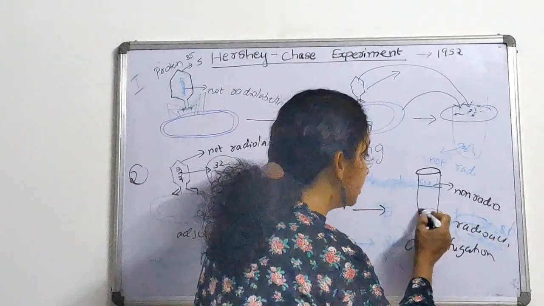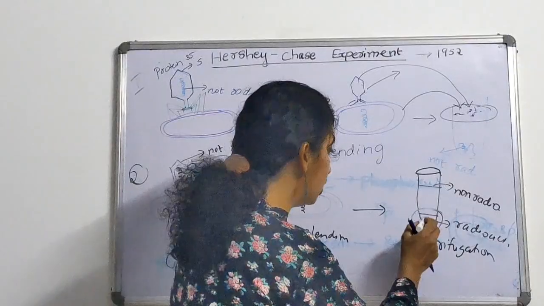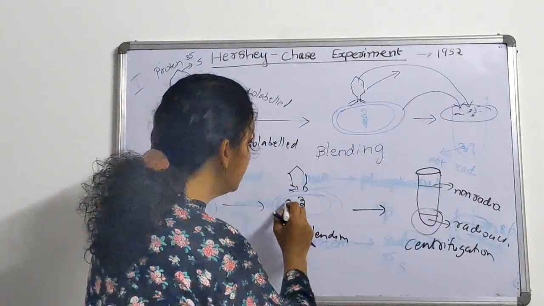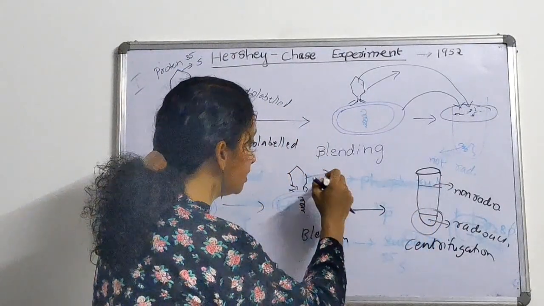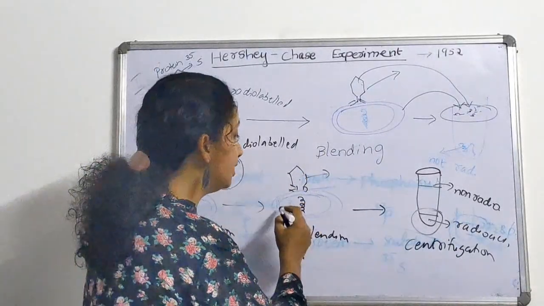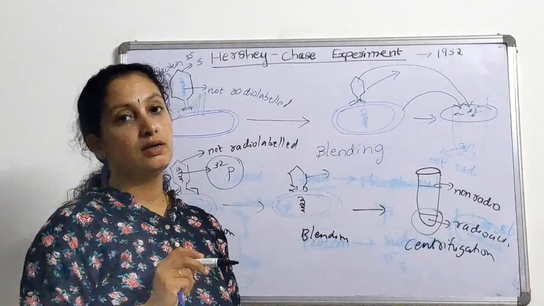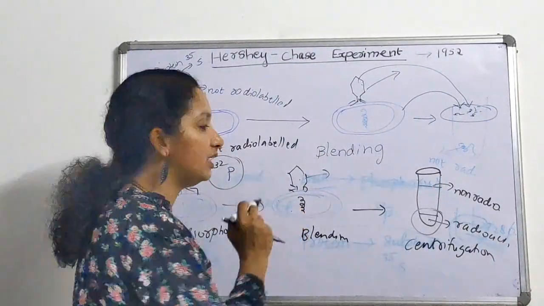So what is the reason this is heavy? The reason is that the content here is the whole E. coli along with the virions, whereas the other is only one viral particle without the genetic material. So this will be heavy.